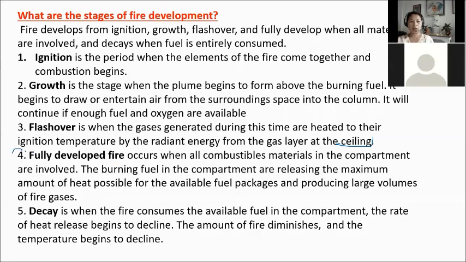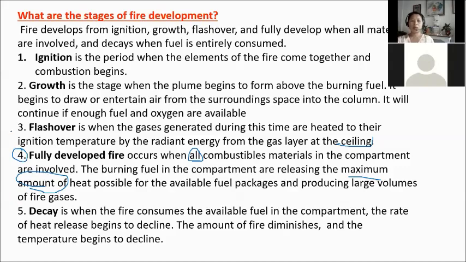Of course, when all combustibles or combustible materials in the compartment are involved. So the burning fuel in the compartment is releasing the maximum amount of heat. Take note, maximum amount of heat possible for the available fuel packages and producing large volume of fire gases.